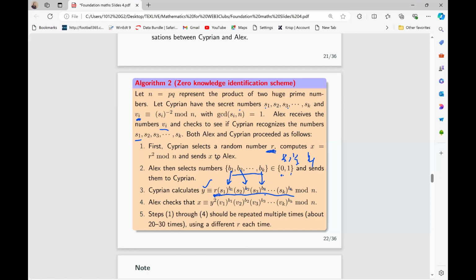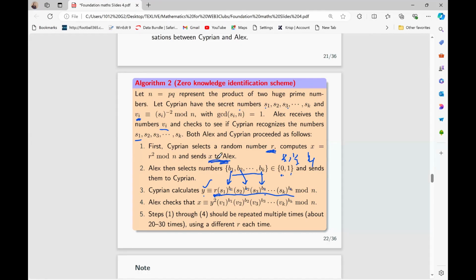When he receives the Y, he wants to verify whether the square of Y is the same as X. X is the one you had sent Alex.